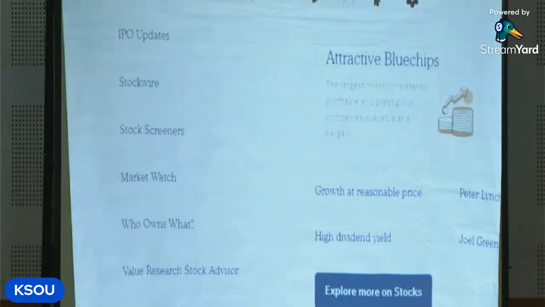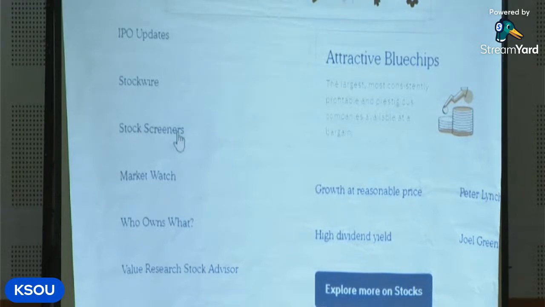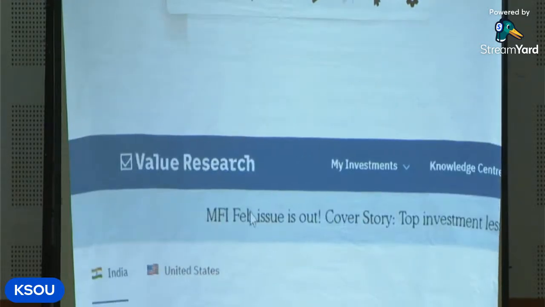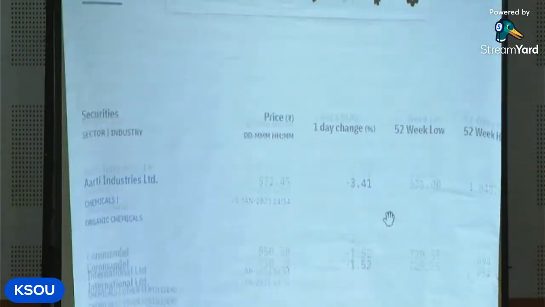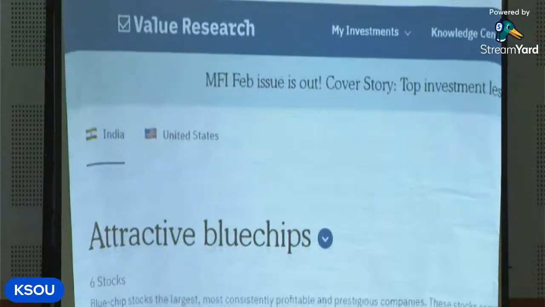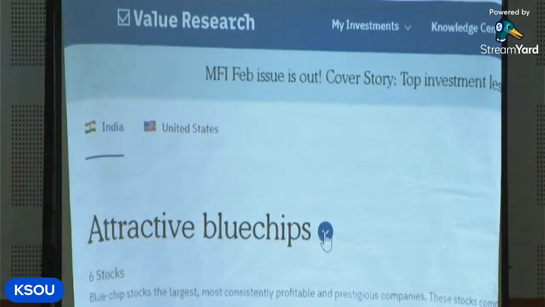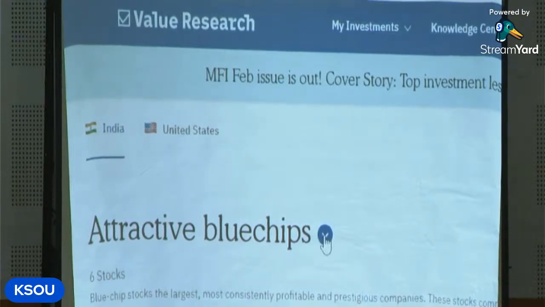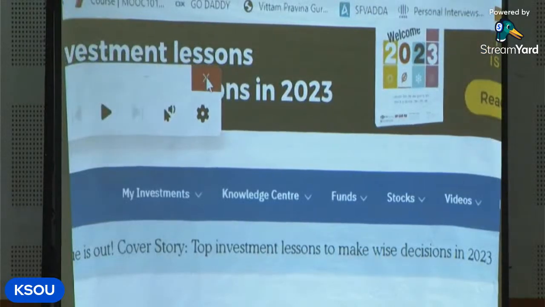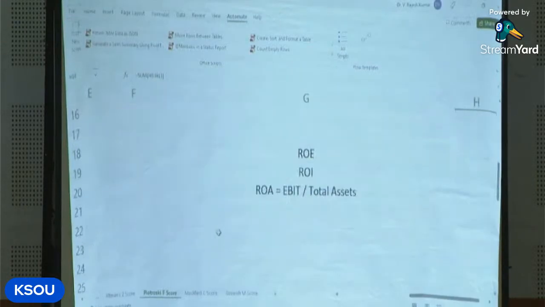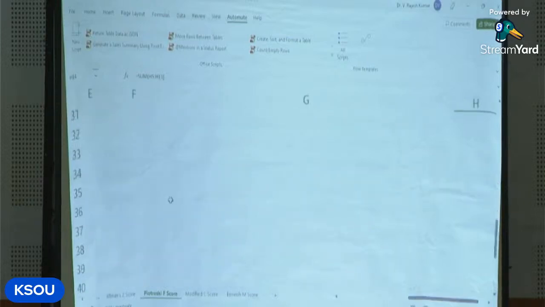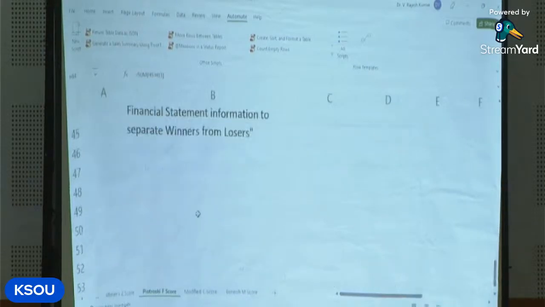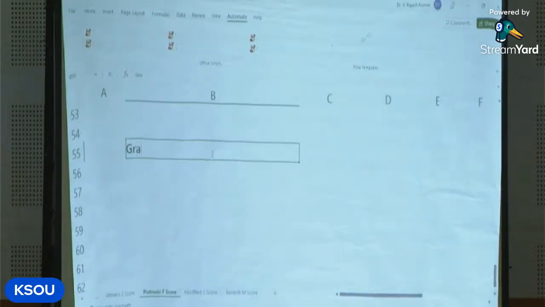All these are models which help in identifying which stocks are good for long-term investment. And for most of these also, the information is what you can get from financial statements. And one such very popular model is Benjamin Graham's model, or called the Graham-Rao model.